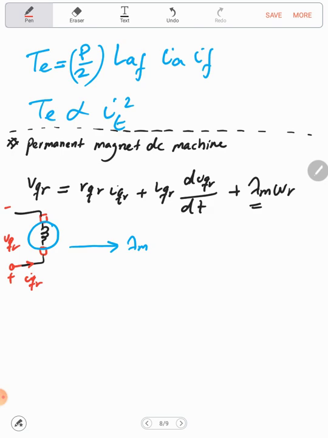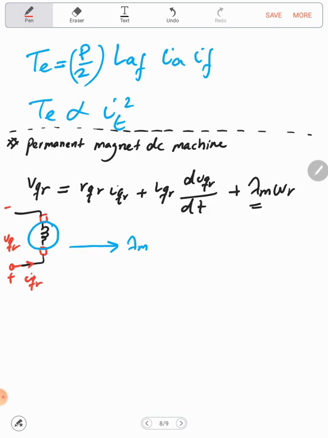In the same fashion as the permanent magnet AC machine, this type of machine is highly efficient. Why? Because we don't have any actual winding here in the stator, so there are no copper losses, which means this is a high efficiency machine.